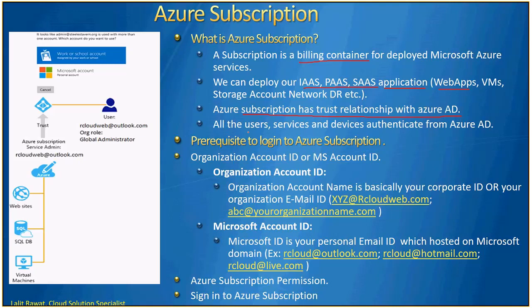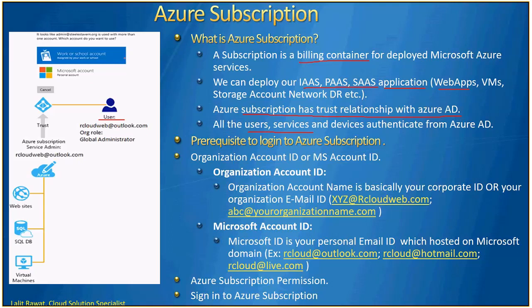So what will you get in that? You will get user, service, or device authentication through Azure Active Directory. Let me go through that. Suppose you have one user, rcloudweb.outlook.com, which is a global administrator.